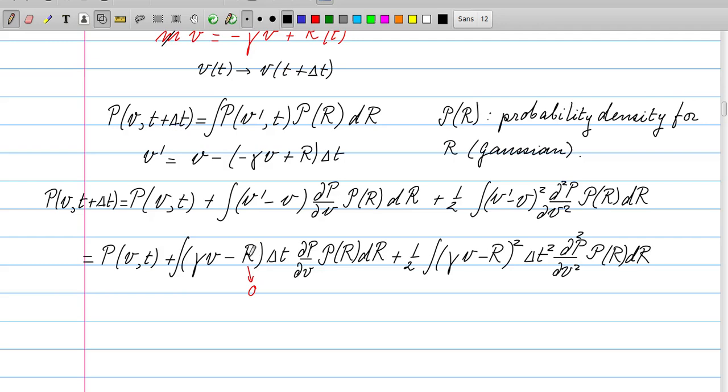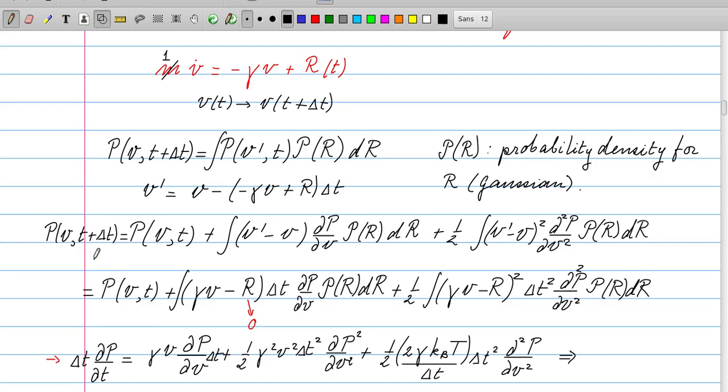And if I take the integral of r over the Gaussian probability distribution, due to the anti-symmetry, this integral gives me 0. So that's in fact an expression of the result that the expectation value of r over all the possible realizations of the random force gives me 0. So I'm left only with this term from the first order Taylor expansion, and then I still have this second order term.